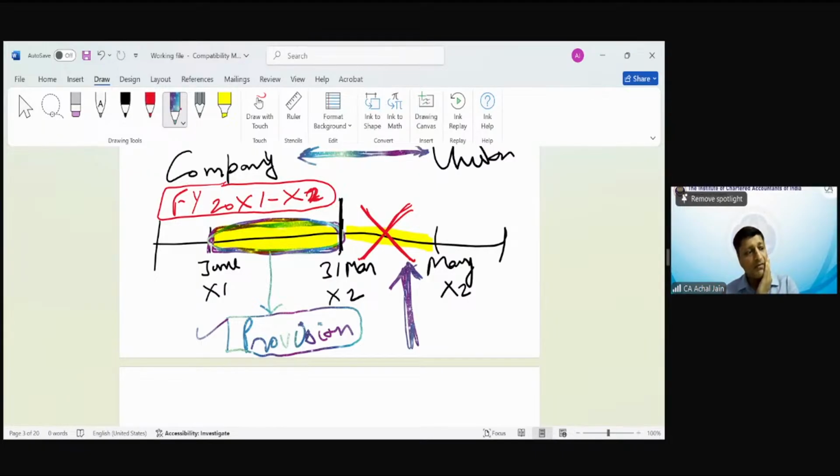Sir, since it is paid at the time of retirement, do we have to calculate any present value? Yes, of course, you will have to compute the present value if the future value is given to you. But most likely the question will give you the present value. If the question gives you the future value, then you will have to compute the present value. What if the question gives you the present value? You will not be required to do any calculation then.